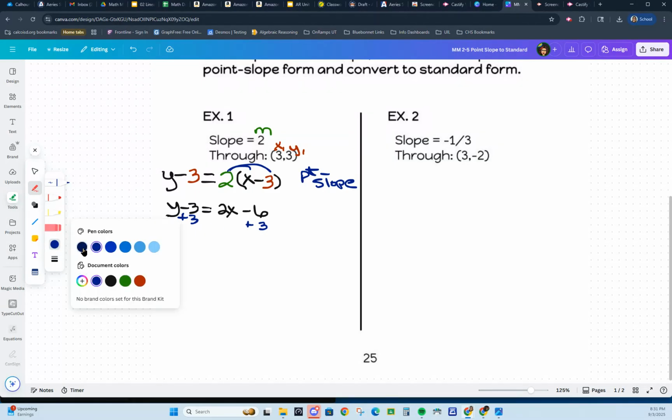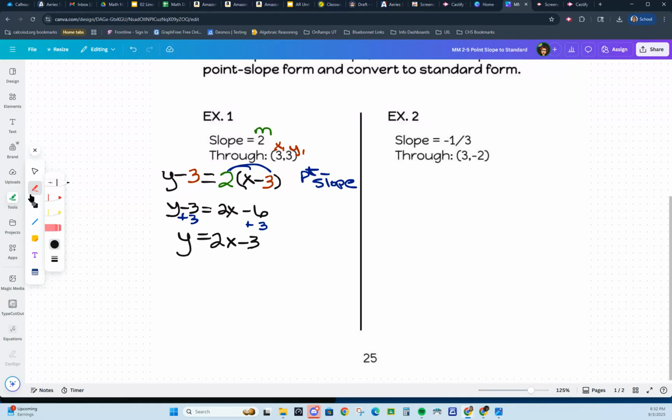And then we will end up with y equals 2x minus 3. This is our slope-intercept form.